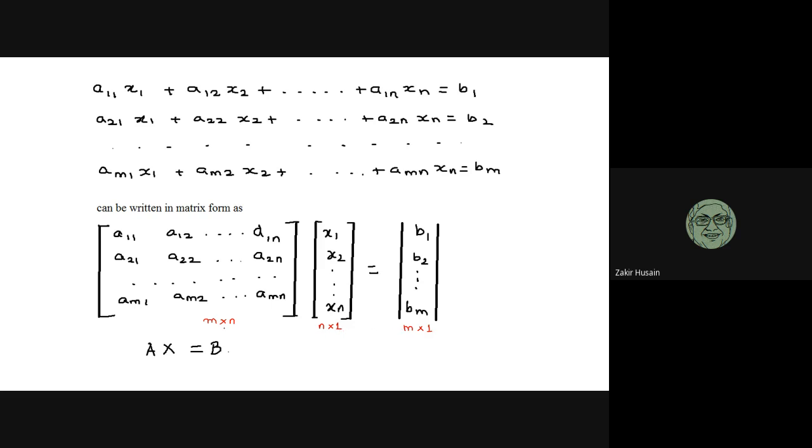Okay, but if you multiply A into x, this becomes a vector which is of order m into 1.